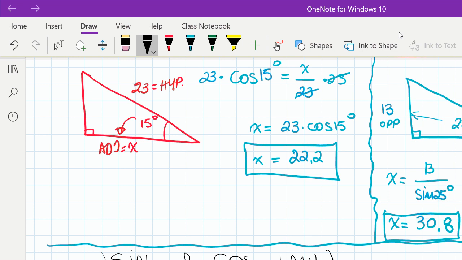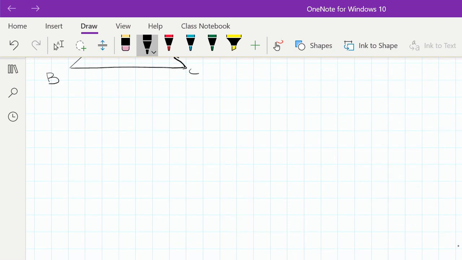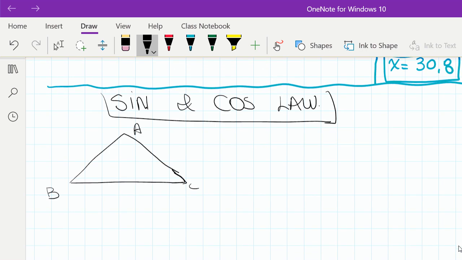A triangle that looks like this, ABC. This is side A, this is side B, and this is side C of the triangle.